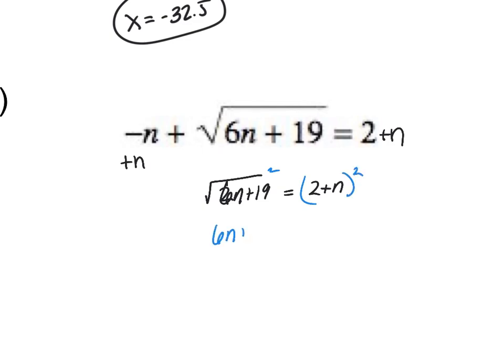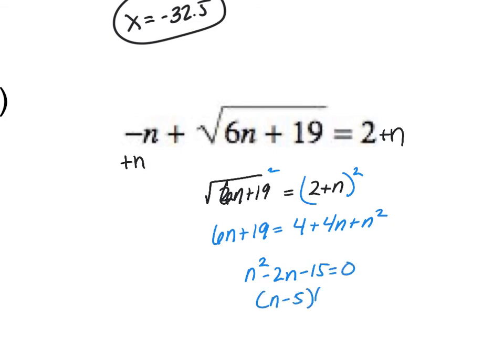So this is going to be 6n plus 19 equals 4 plus 4n plus n squared. Now remember, we're going to put this in standard form and equal to 0. So n squared minus 2n minus 15 equals 0. N minus 5 and n plus 3. N could potentially be 5 or negative 3.